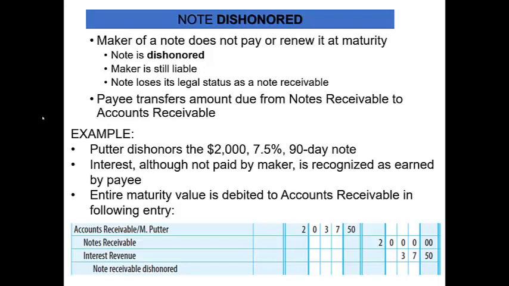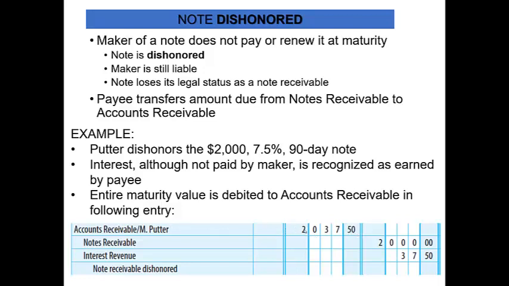So Putter says he's not going to pay. So in order to remove the note from our books, we're going to turn the total amount that Putter owes us into an accounts receivable. So Putter owes us $2,000 principal plus $37.50 interest.